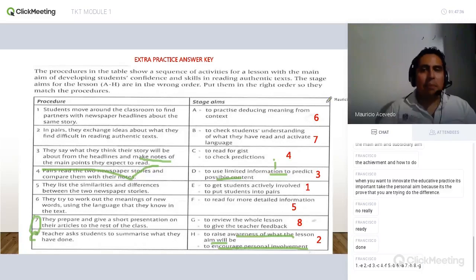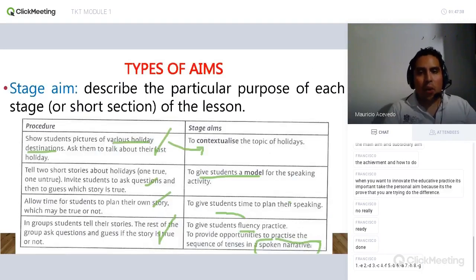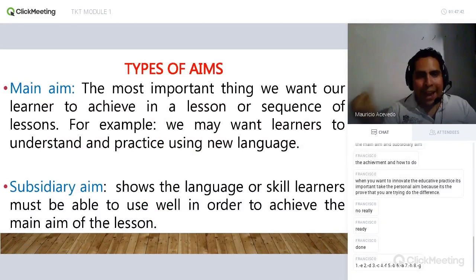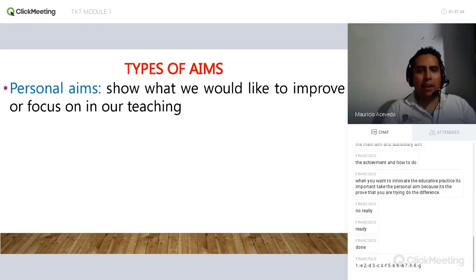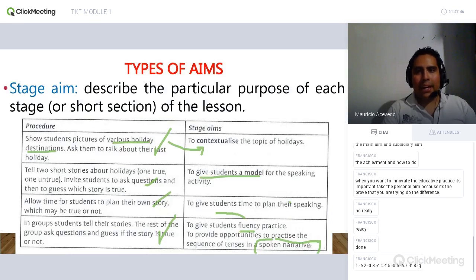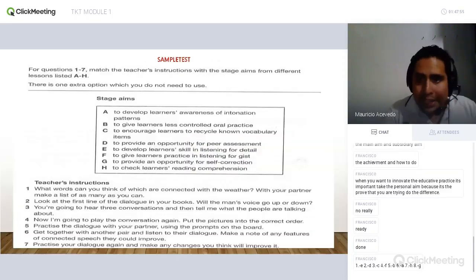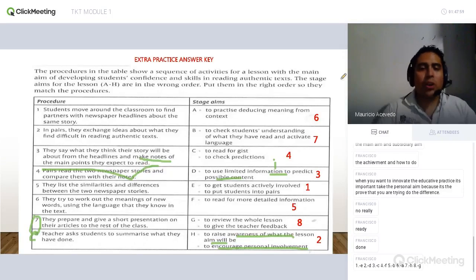In the real exam, you're going to be asked for the main aim, subsidiary aim, personal aim, and stage aim. You might have an example, and then you will write the correct answer according to that example. Indeed, I have the sample test, but you're not going to do it. You're going to do it here on Friday in the class. Okay, do you agree, Francisco?